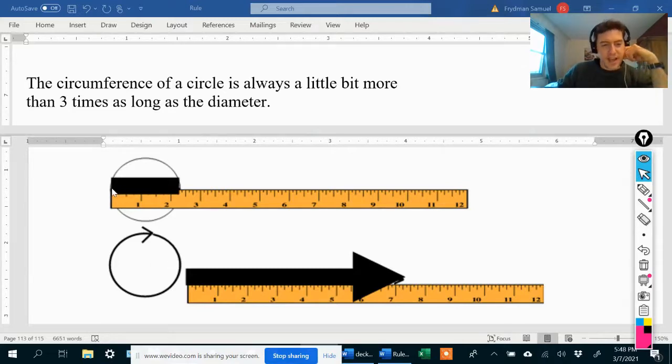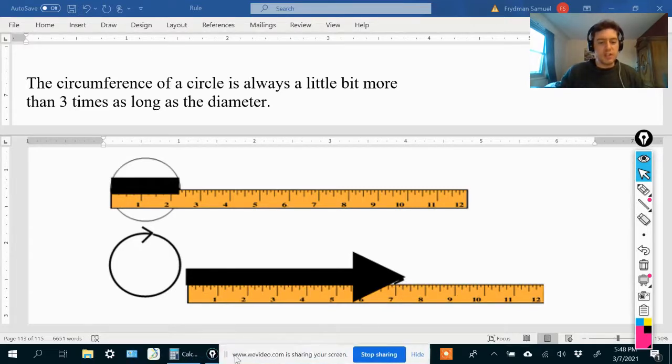So it looks like the diameter of this circle is about 2¼. Well, let's pretend that this is a ruler with actual inches on here. Then the diameter of this circle seems to be about 2¼ inches. And it looks like the circumference of the circle, which I stretched out into this arrow over here, seems to be about 7¼ inches.